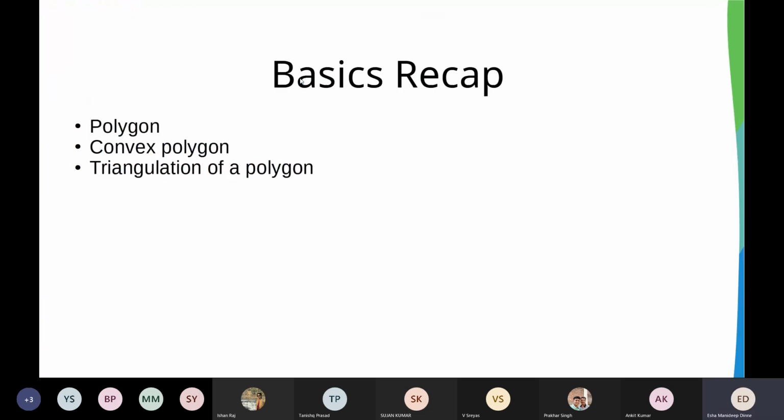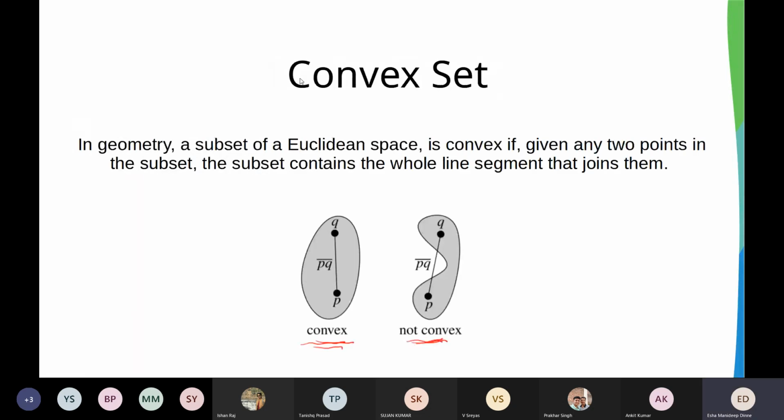Okay, so you know what a polygon is, what a convex polygon is, and what a triangulation of a polygon is. Triangulation is dividing the polygon into triangles by drawing diagonals. So let's start with what a convex set is.